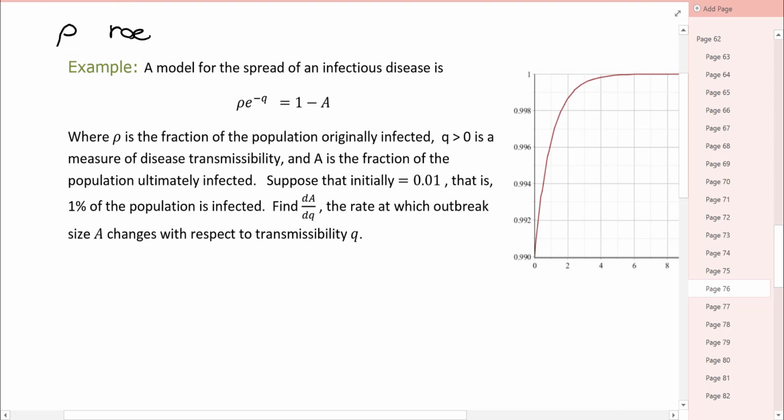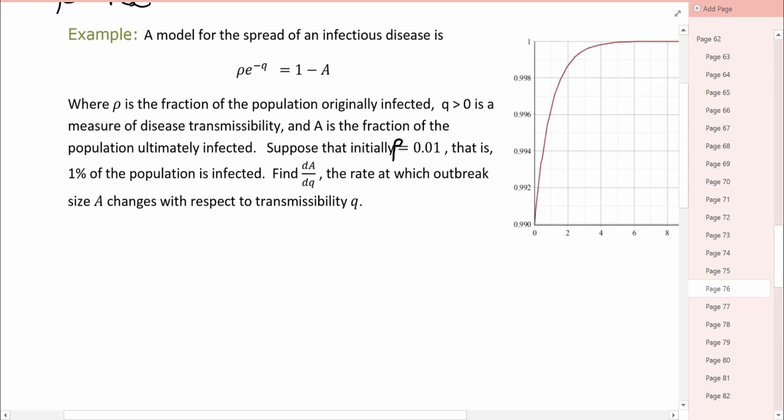Suppose that initially rho should equal 0.01. That is, 1% of the population is infected. Find dA/dQ, the rate at which the outbreak size changes with respect to transmissibility.